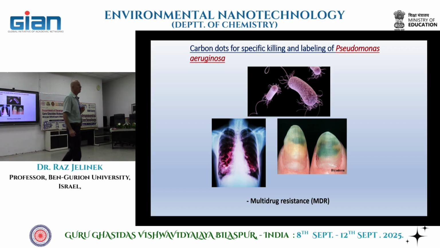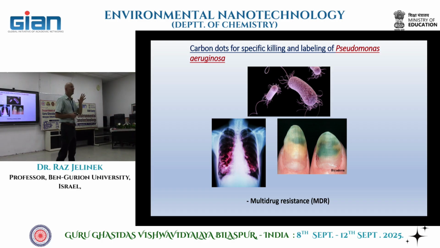Now, another very bad problem with Pseudomonas and other bacteria is something that is called multi-drug resistance. You heard this term, multi-drug resistance? Some bacteria develop resistance against antibiotic compounds because of evolution. We give ourselves penicillin and various other antibiotics, but the bacteria learn how to deal with that.